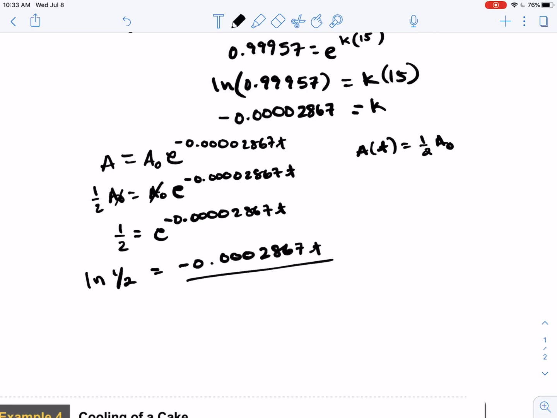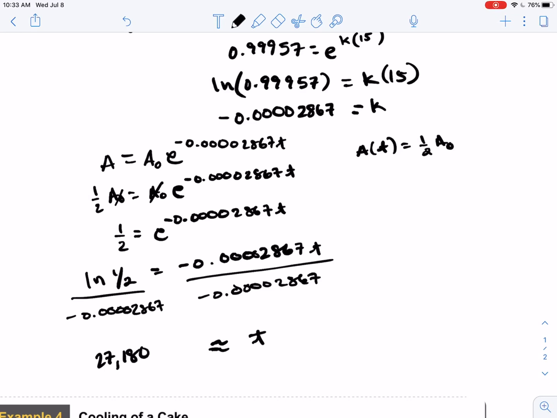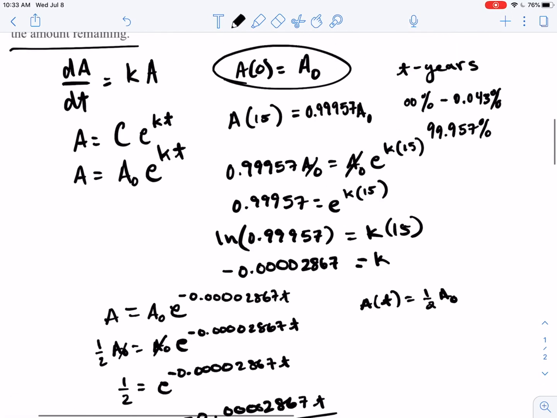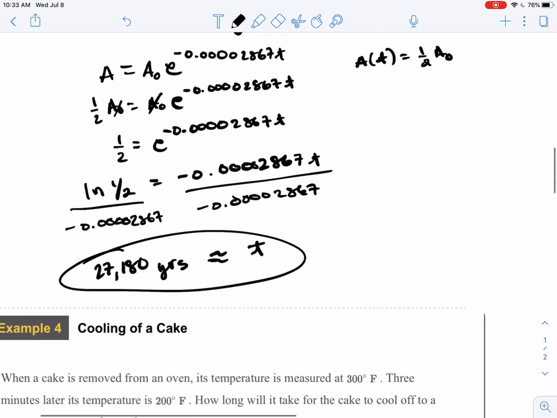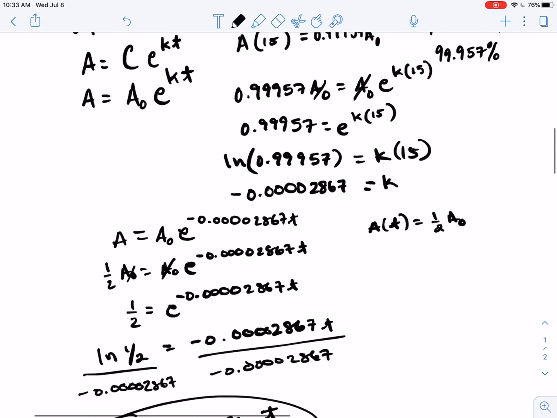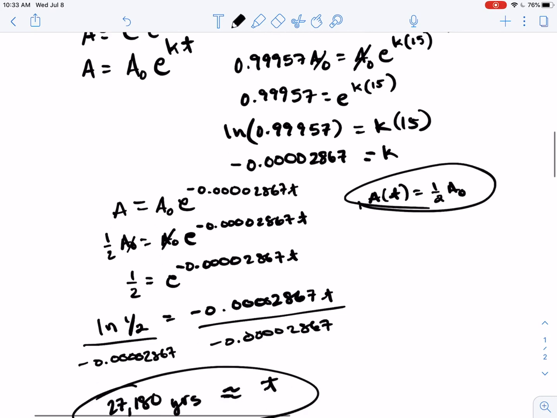And if I divide by that big decimal, okay, I get t to equal approximately 27,180, and we had it as years, right? If I remember correctly, years, yes. Okay, so that's a half-life problem, all right? And this is the notation. Whenever you're talking about half-life, it's half of what is remaining, okay? So we'll get that.